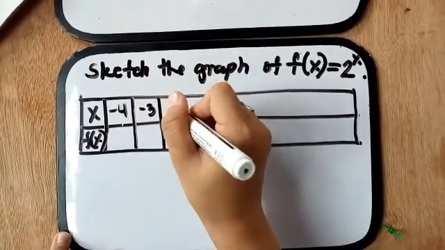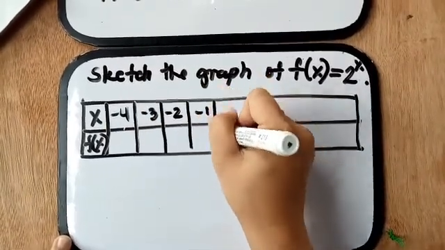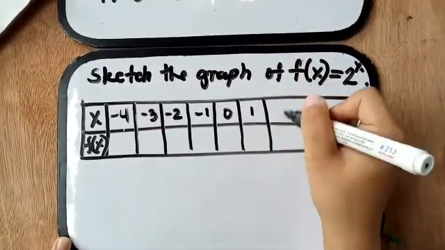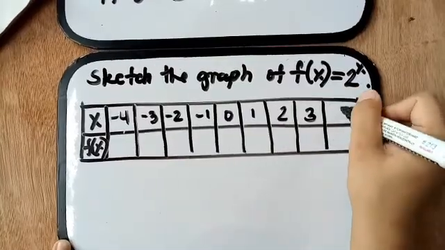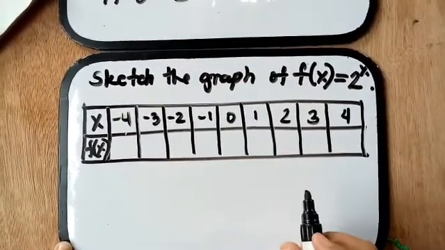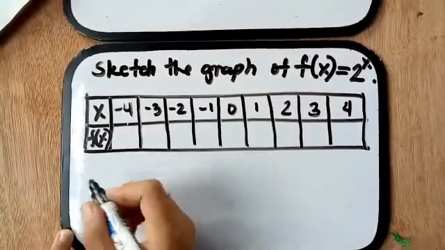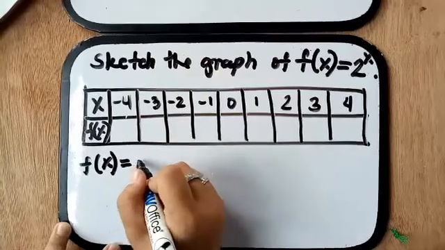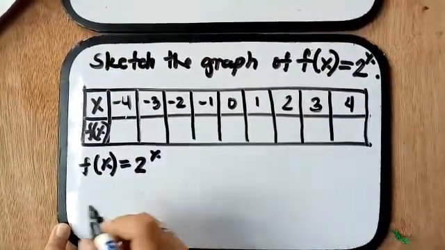Let's assign values for x. Negative 2, negative 1, 0, 1, 2, 3, and 4. So, as usual, the procedure is substitute the given value of x on the given exponential function.